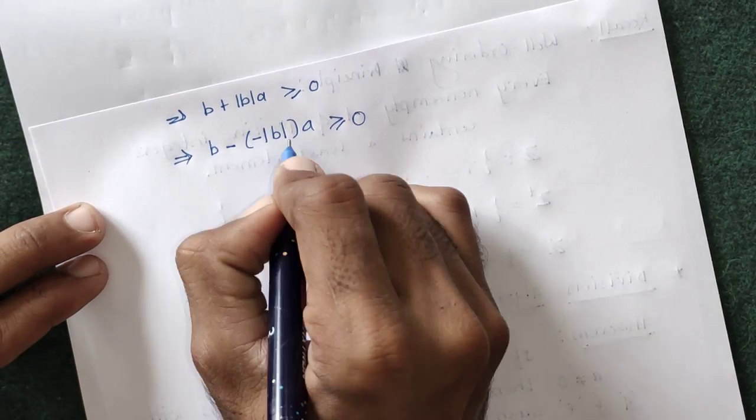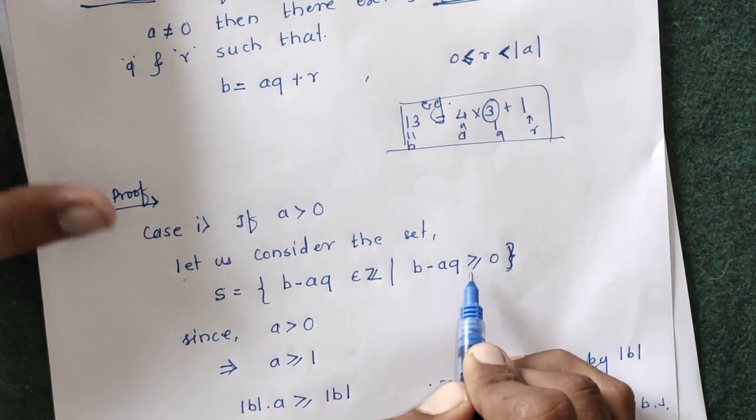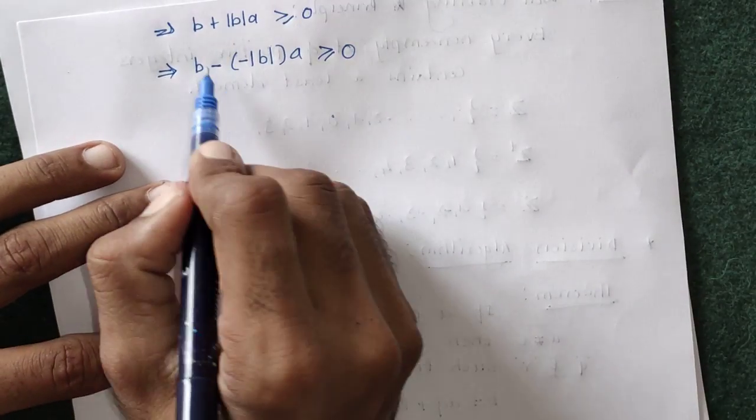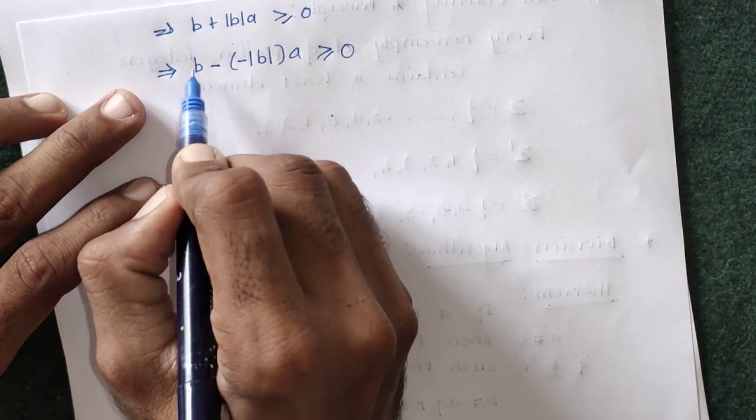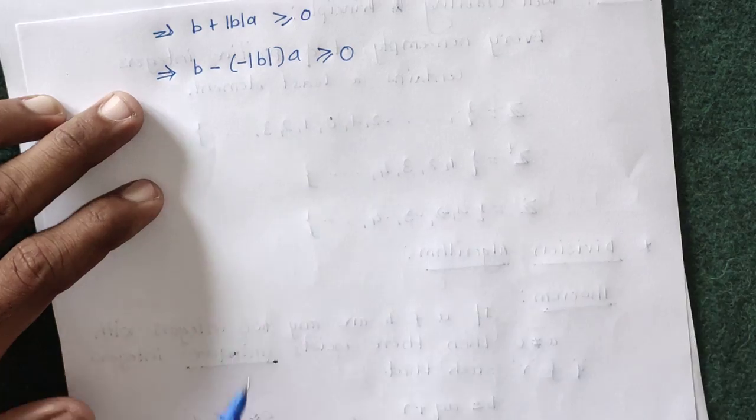So this element must belong to our set S. Yes, b minus aq is an integer and b minus aq is greater than or equal to 0.